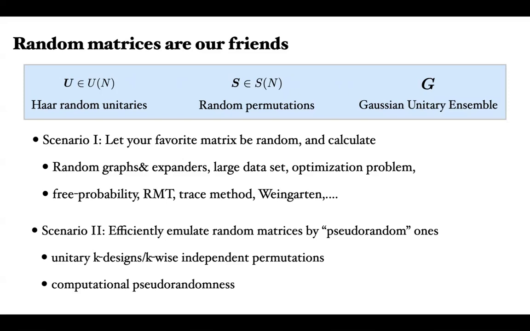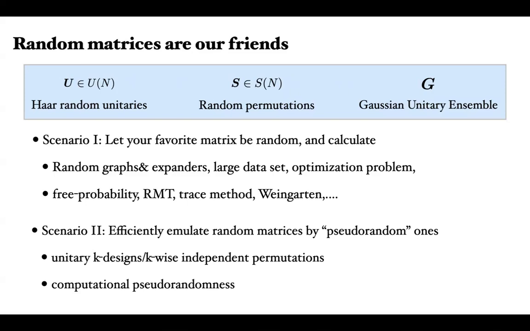where now we know that random matrices are great. We want to find an algorithmic way to emulate them, by something that's more pseudo-random, but nevertheless more or less the same thing. This has been very well understood in the classical setting in the sense of k-wise independent permutations. And their analog in the quantum world is unitary k-designs.